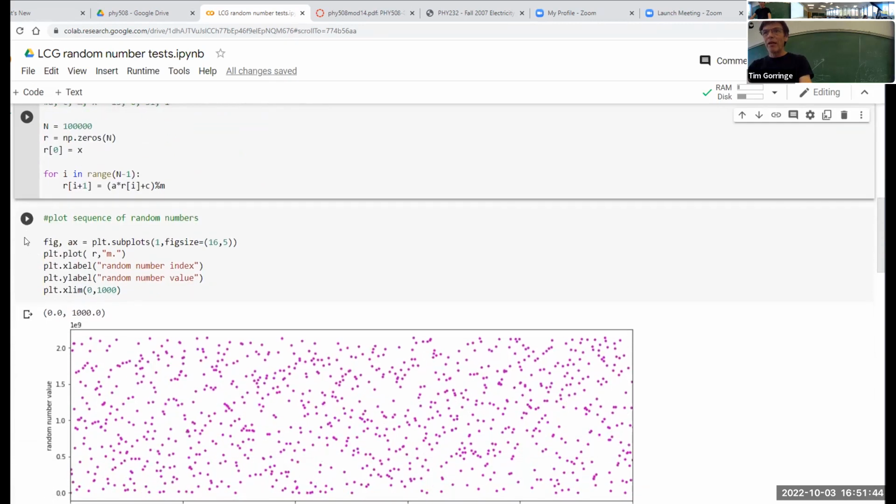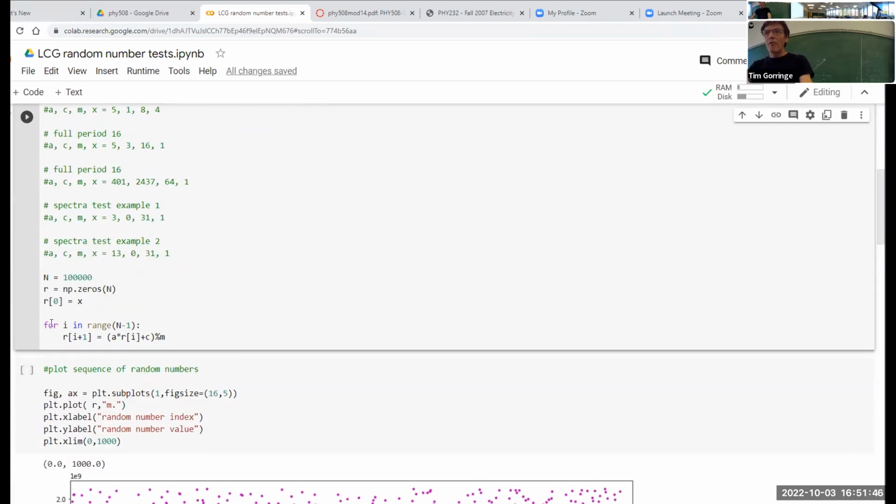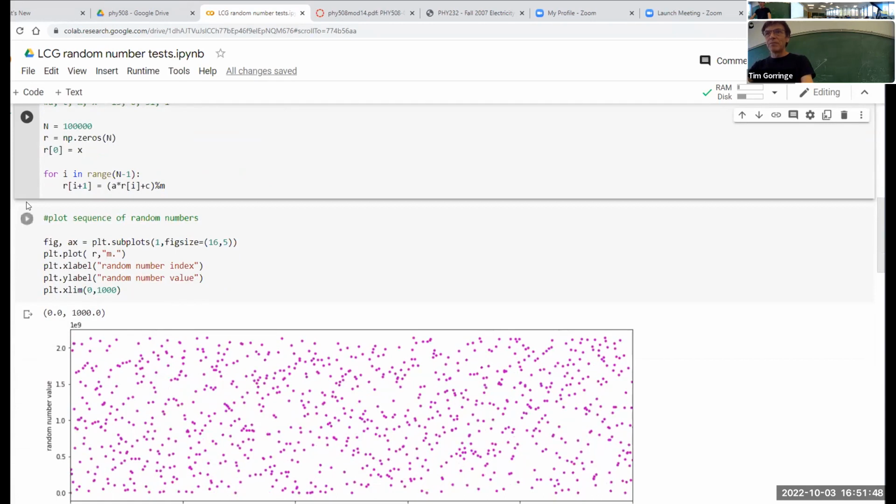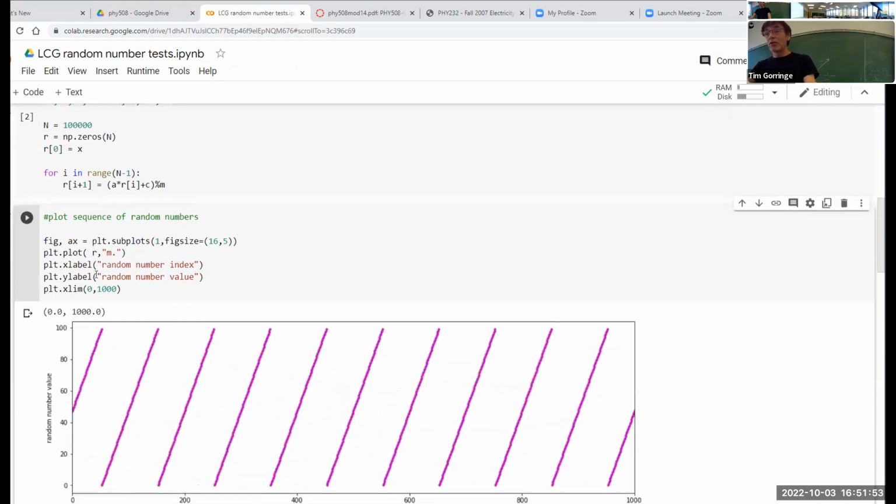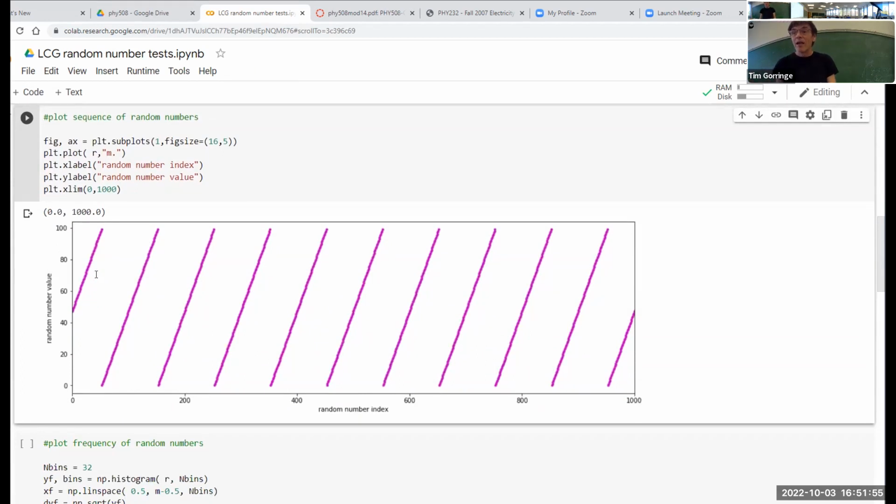I'm going to plot here. So I ran many cases of this, generating streams of random numbers. And now I'm just going to plot them. What I'm plotting horizontally is the label or the index of the random number. So think of X subscript n. I'm plotting the value of n.